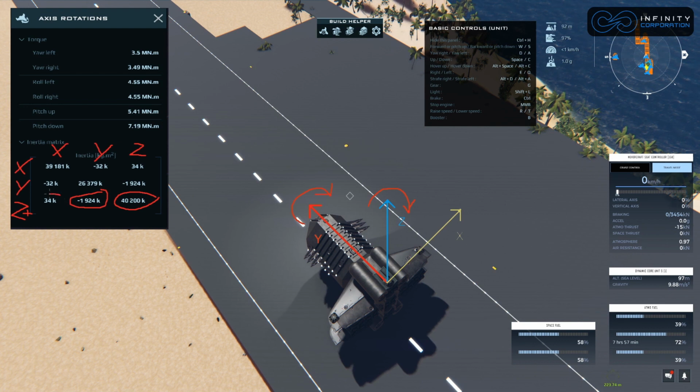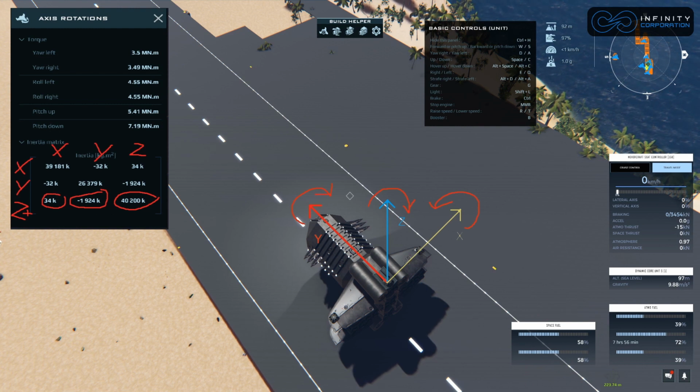And I also have 34,000 in x, which is going to cause me, this one's positive, which means it's going to pitch counterclockwise. So, by looking at this, when I yaw, I'm going to roll to the right, and I'm going to pitch down.